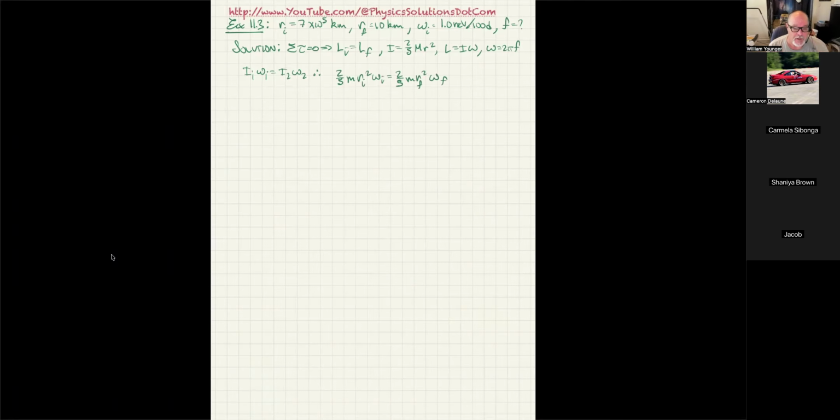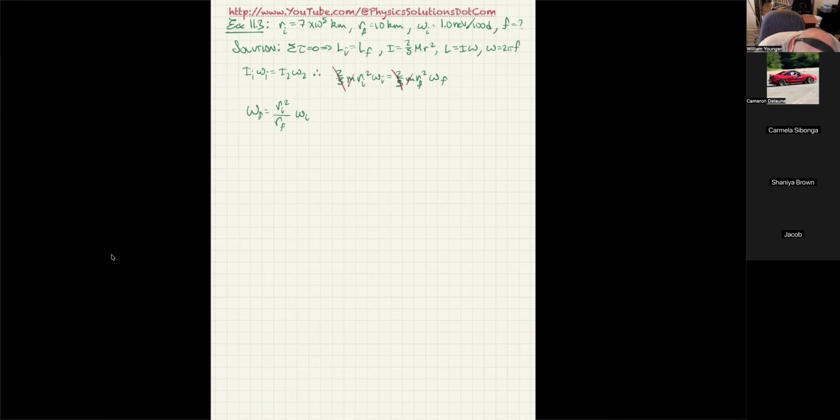And therefore, we could actually use this to find the relationship between omega 2 and omega 1, specifically for omega 2 or omega final in this case. We can see that the m's are going to cancel out, the 2/5 are going to cancel out as well. So, what we ultimately get for this is omega final is equal to r initial squared over r final squared times omega initial.